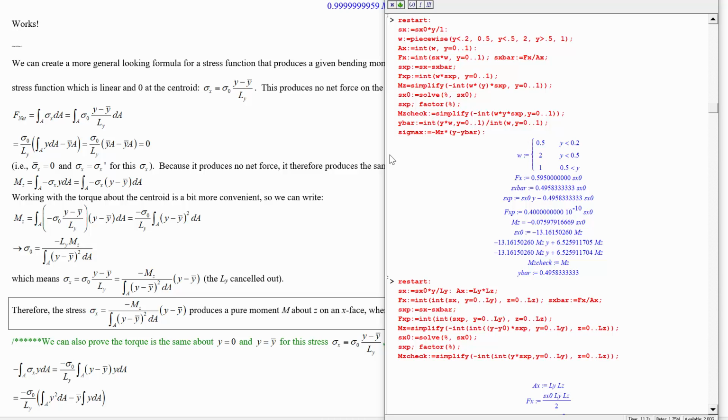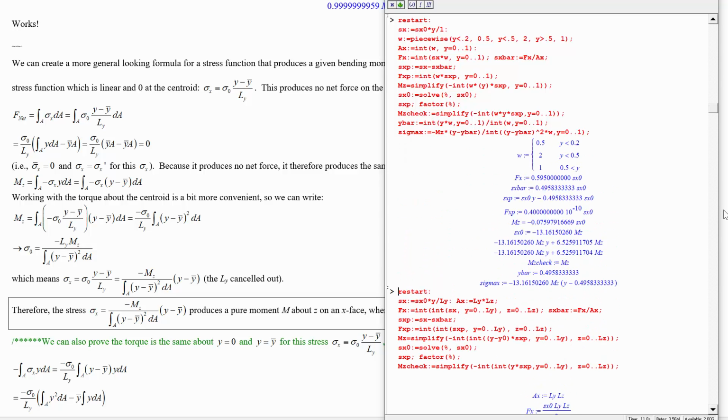So sigma x is not just this, it's this divided by the integral of y minus y bar all squared with respect to area. So we multiply by the width and then integrate from y is 0 to 1. So this is purported to be a function now. Notice that we integrated the y in the denominator, so this is not proportional to y, but we didn't integrate that y in the numerator, so this is still a function of y.